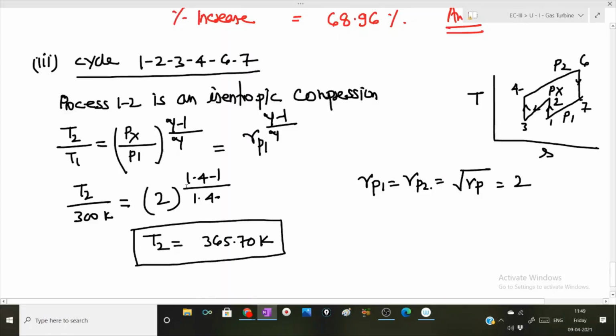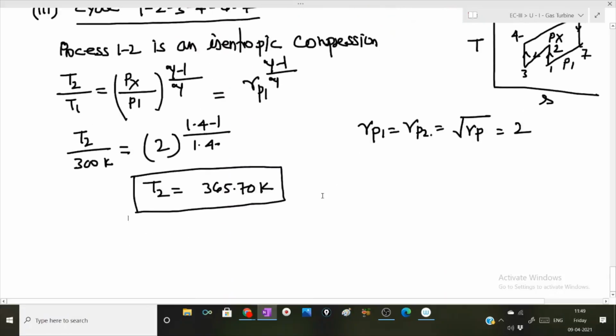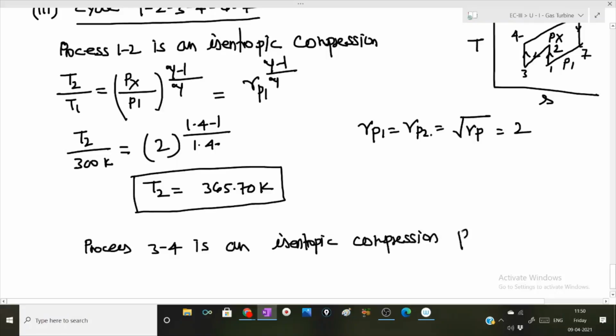Okay. Now let us consider process 3 to 4. Process 3 to 4 is an isentropic compression process. What does it mean?